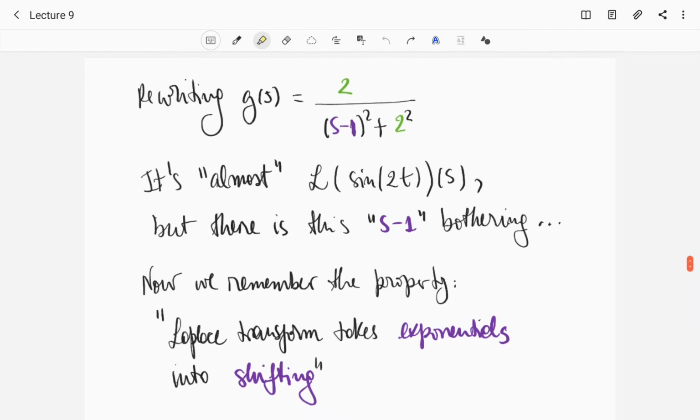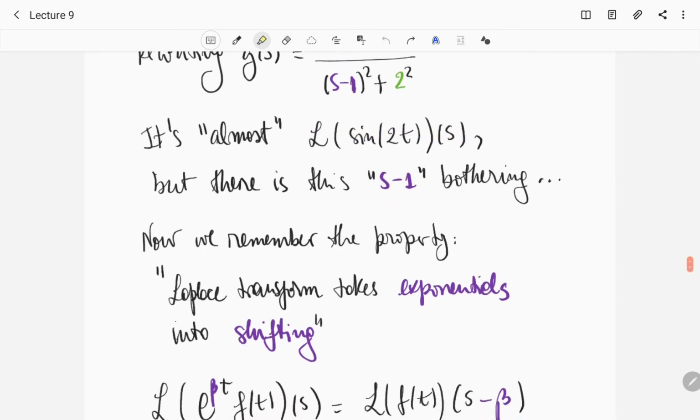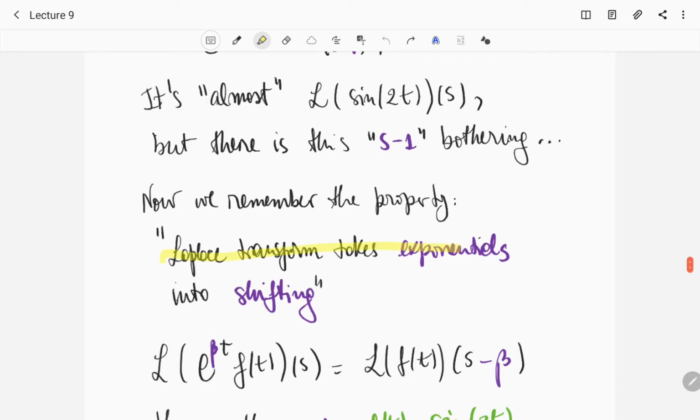exponential functions and shifting. So this is what I was saying. This is almost this Laplace transform, but we have this s minus 1 bothering. Now we remember that the Laplace transform takes exponentials into shiftings.